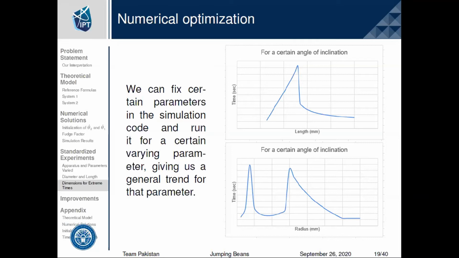For example, in the first graph, we changed the length and plotted it against the total time taken by the capsule to come down the plank, and you see this sort of trend while we kept the other parameters constant. And this is the sort of trend that we got for changing the radius. So the way to numerically optimize this is that we can fix certain parameters in the simulation code and run it for a certain varying parameter, giving us a general trend for that parameter.